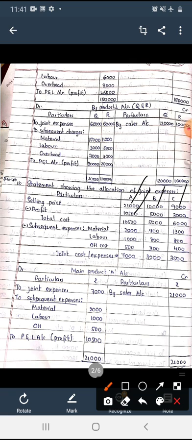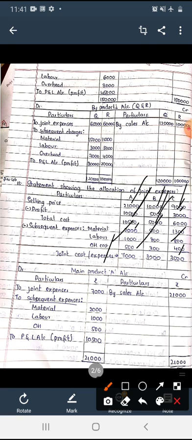This is 10,500, 5,000 and 3,000, and then we get the total cost. Then we deduct subsequent expenses: material 2,000, 1,500, A, B 900, 800, 300, C 1,300, 800 and 400. Then we get the joint expenses. Apportionment of joint expenses is over.